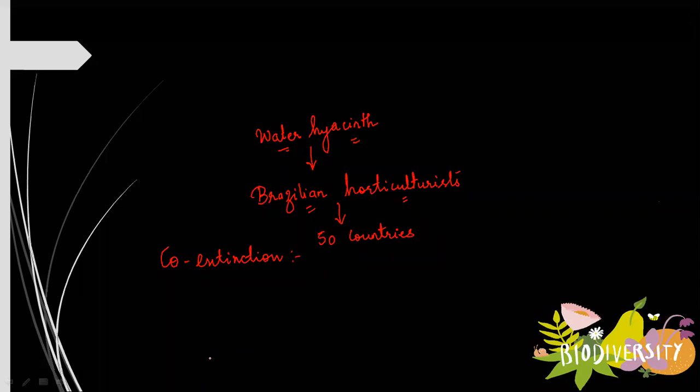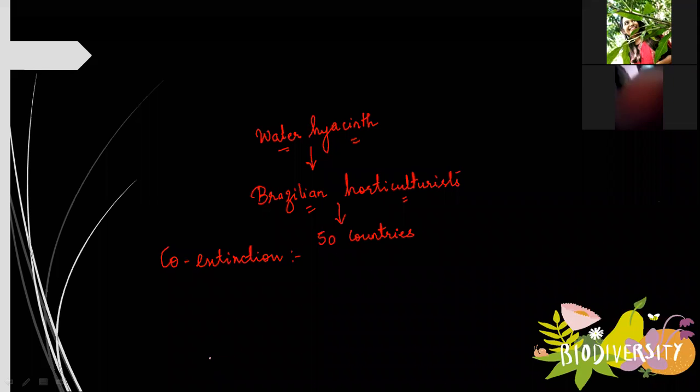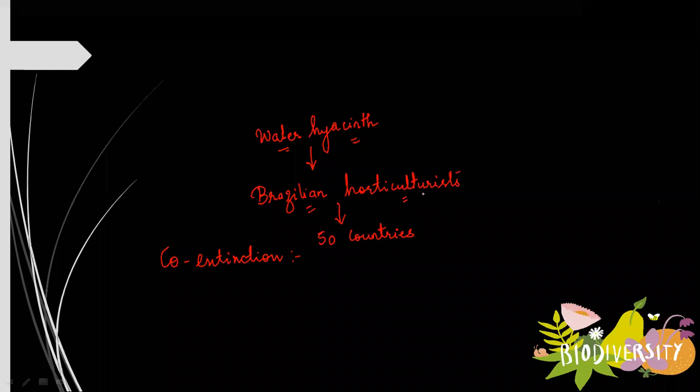We human beings and other organisms were dependent on it. So because that gets extinct, we also will get extinct, and that extinction is known as co-extinction. Understood, students? What is co-extinction? Devraj, you also must be answering. So that is nothing but co-extinction.